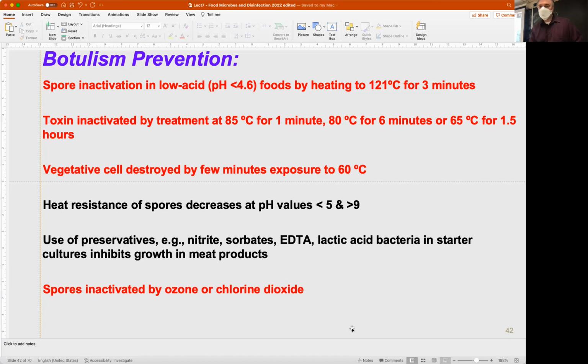The active cells of botulism can be destroyed by heating to 60 degrees Celsius. Also, down at the bottom there, spores are inactivated by ozone or chlorine dioxide. So if you oxidize the spores, you kill the spores. And the heat resistance of the spores is decreased when the pH is below 5 or above 9.